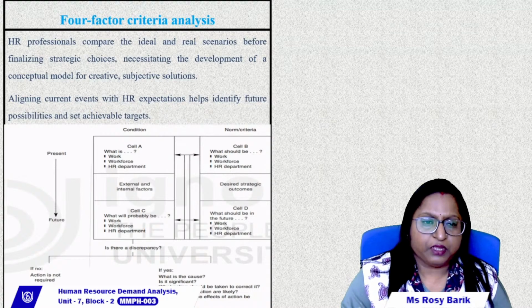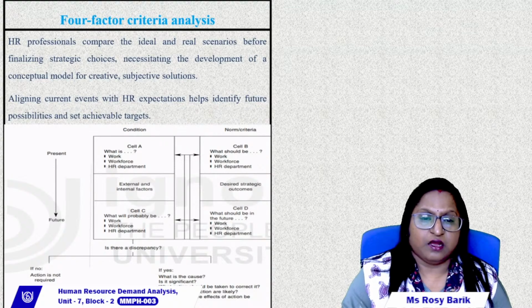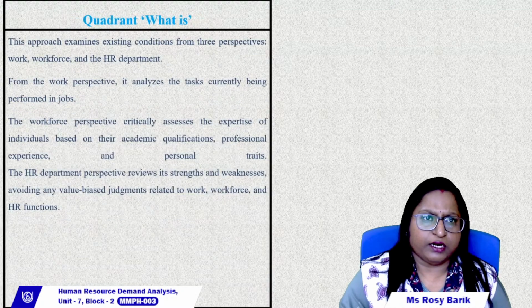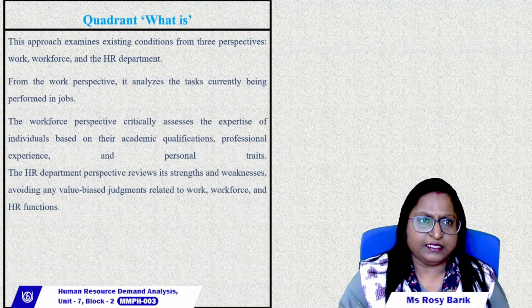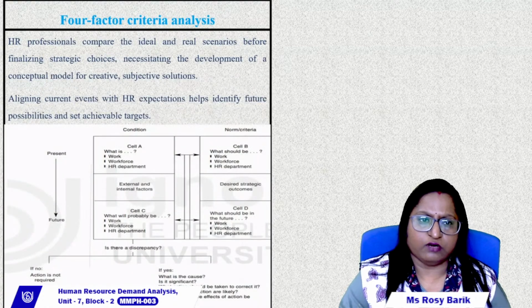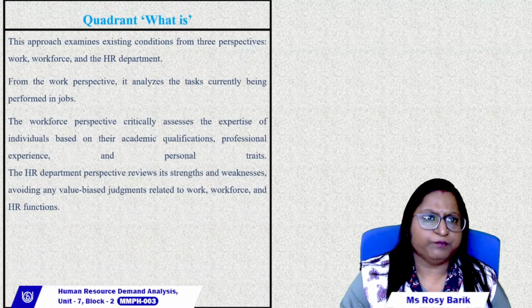We can say what actions should be taken to correct it. What results of actions are likely? How can negative effects of action be minimized? So the details will be discussed here. The quadrant approach examines here, we can say, workforce, what is cell A, that is workplace HR department.